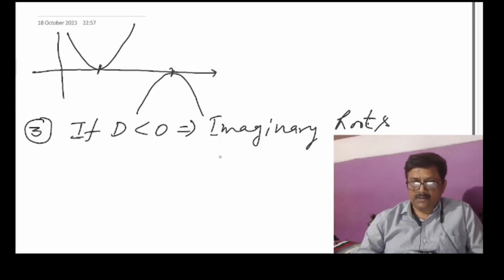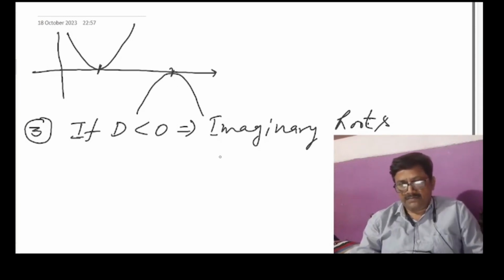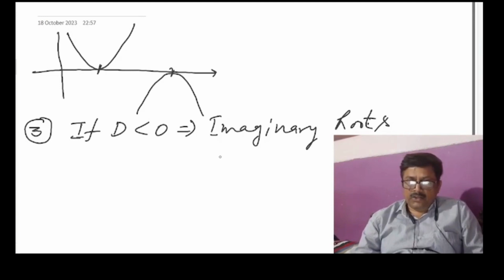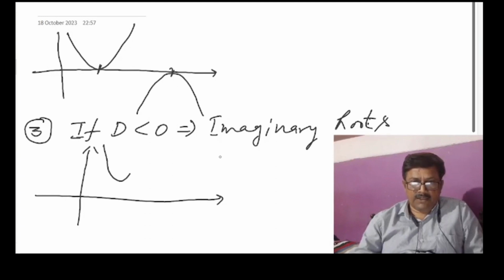Imaginary things in reality do not exist. Imaginary roots do not exist, they are only supposed. So imaginary roots means no real root. So there will be no value of x for which y will be 0, the quadratic will be 0. There will be no real value of x. It means the graph will never cut the x-axis.